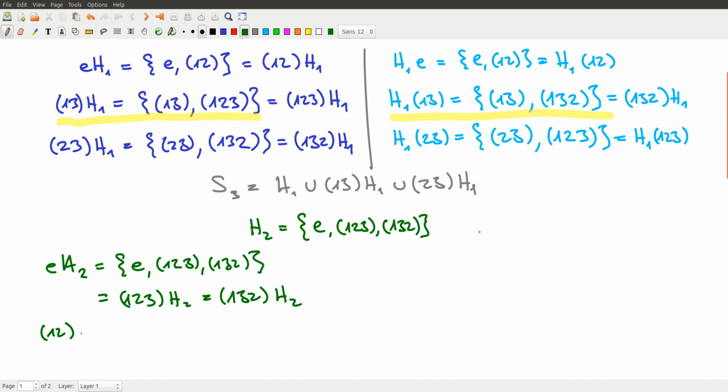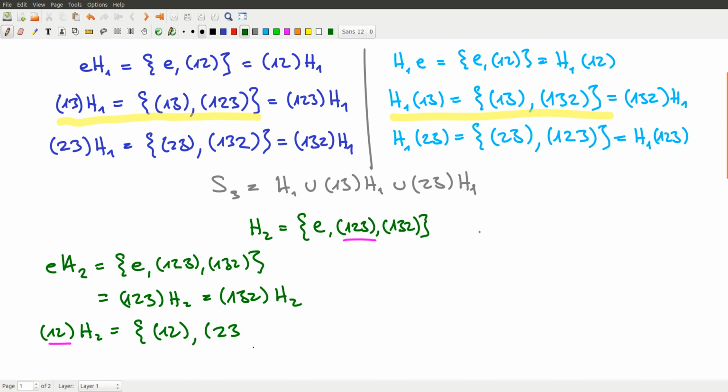Now let's look at (1 2) times H2. What's that? There's a (1 2), the first element. And now we multiply (1 2) with (1 2 3). And we get 1 is mapped to 2, 2 is mapped back to 1. Okay, we can remove that. 2 is mapped to 3, and 3 is mapped to 2.